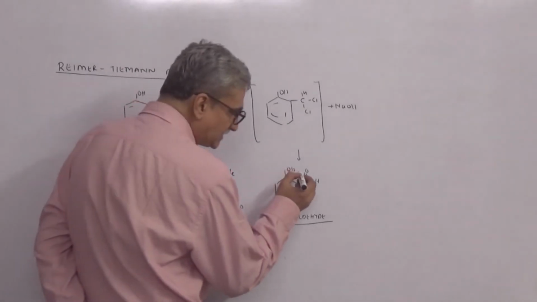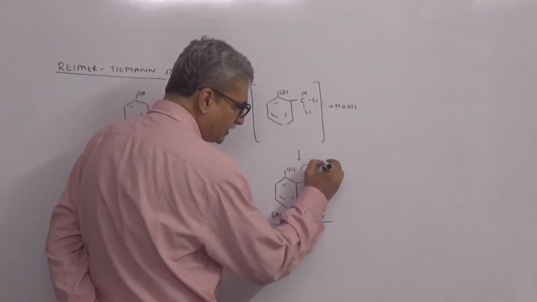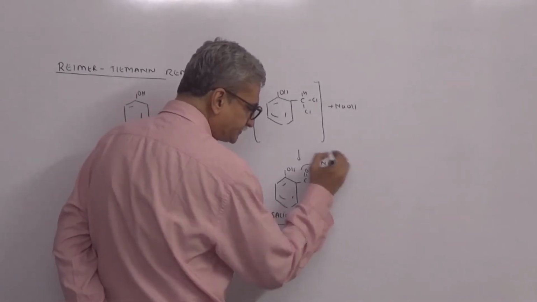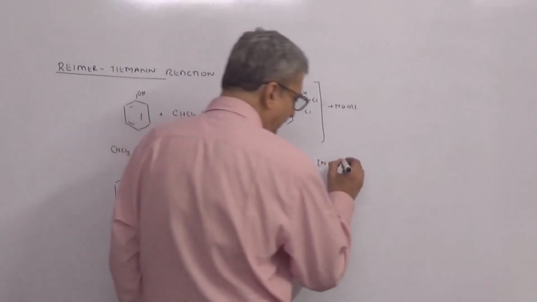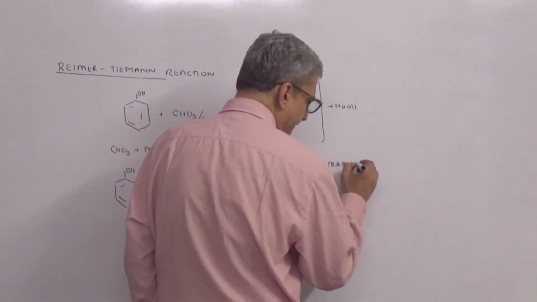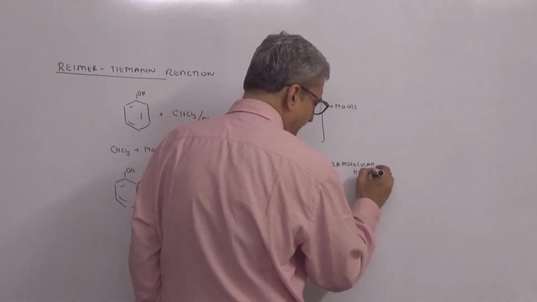So once again salicylaldehyde, its H and its O, there will be intramolecular hydrogen bonding. So from the entrance exam point of view, remember this is intramolecular hydrogen bonding.